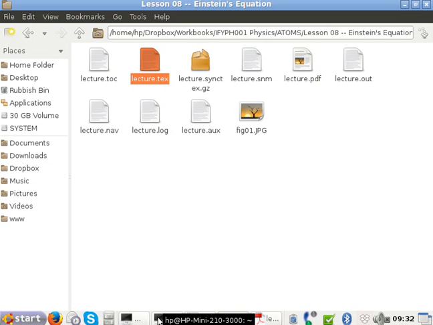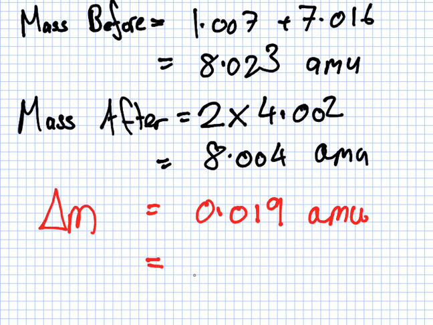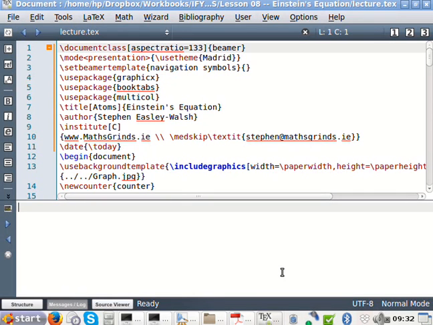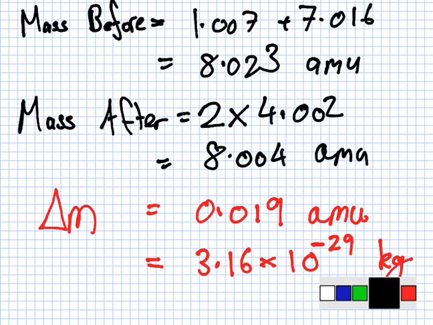It should be very small. Yes, that's right. Okay, what did you get? I get 3.155 times 10 to the minus 29 kilograms. Okay.